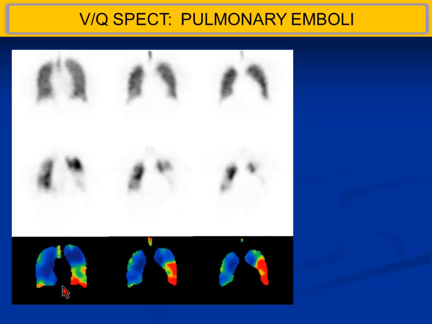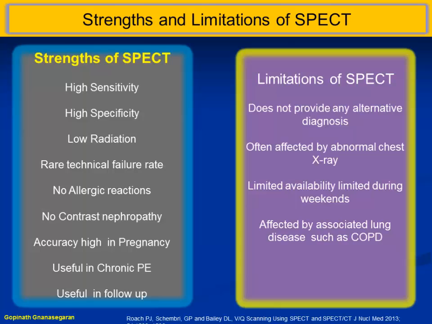If it's quite diffuse, it's unlikely to be PE. If it is diffuse on this side, the patient has moved in this direction, and therefore you will see a false positive area. But in most cases, the ventilation perfusion quotient is useful to increase your diagnostic confidence.